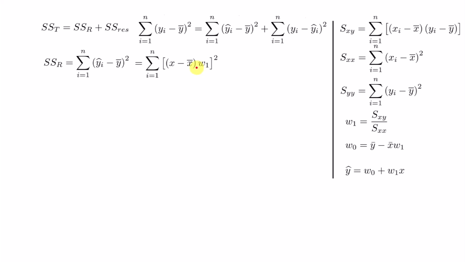We have already shown this. You can see it from here. Y hat minus y bar, if I use this, I'll get (x minus x bar) w1. I square it up and it gives me Sxx w1 squared, because Sxx is the summation of (xi minus x bar) whole square.